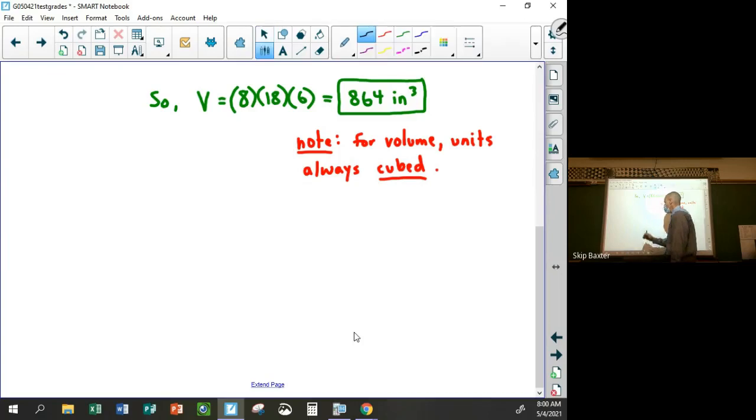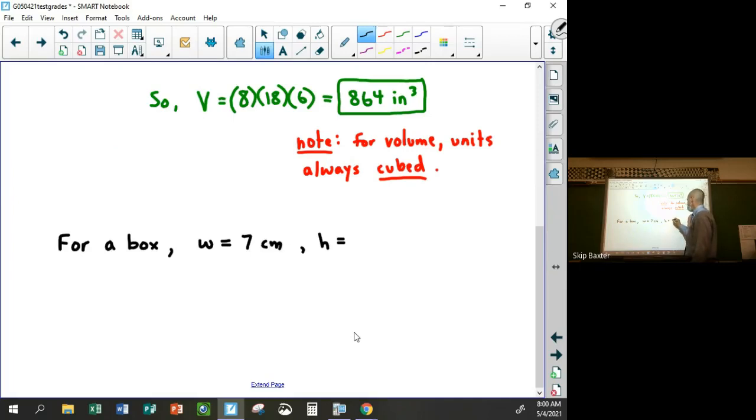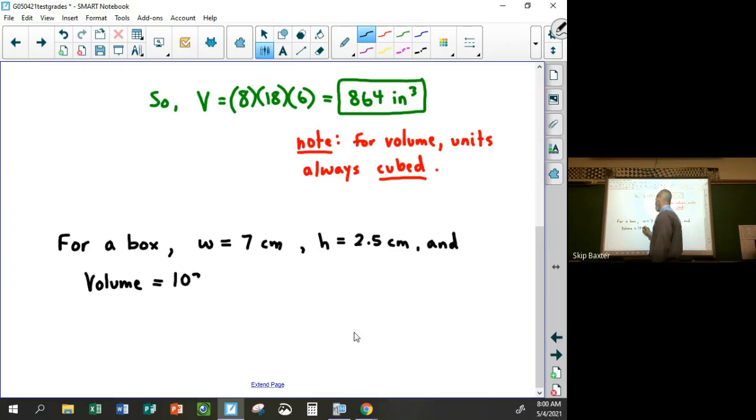So for example, they might say something like, for a box, the width equals 7 centimeters, the height equals 2.5 centimeters, and the volume equals 103 cubic centimeters. Find the length.